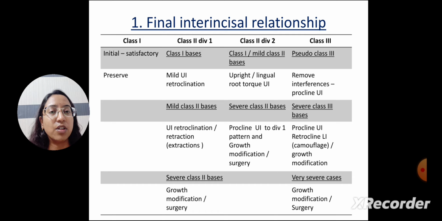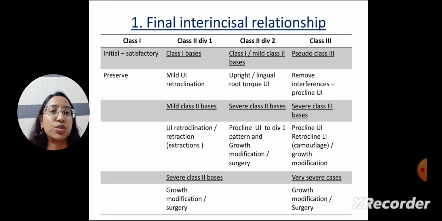So it's in a normal position, and with respect to the face and jaw base also, the teeth are normally aligned. So in such cases, we have to preserve whatever tooth position is there. That is, we cannot push the teeth more forward or take them more back.